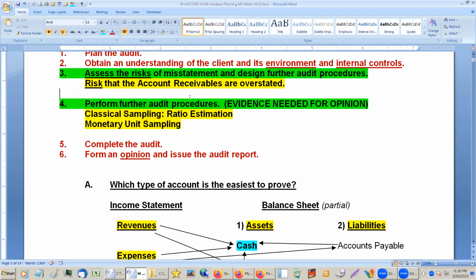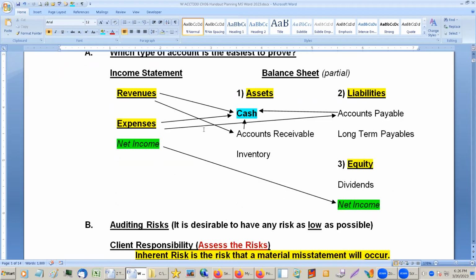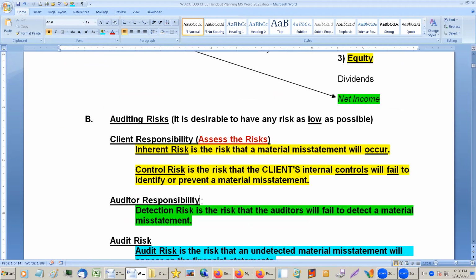So this is the only thing that the auditor has responsibility for, and this is what we use the further procedures up here, perform further audit procedures like sampling. The auditor's responsibility is what we do to figure out whether these are misstated. And so these are the procedures, like sampling and so forth.